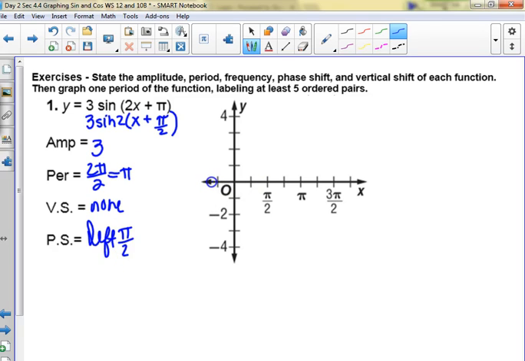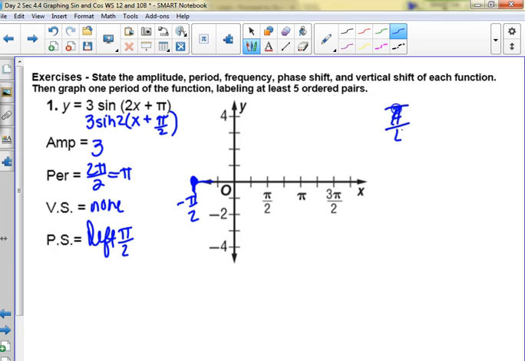Okay, so here's a negative pi over 2, would be 2 tick marks this way. It's a sine graph, so where does it start? The origin. Okay, the period is pi.